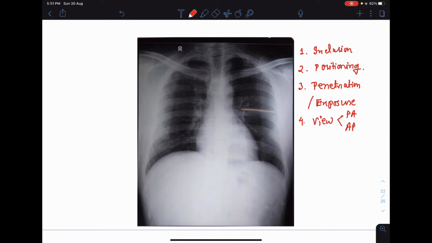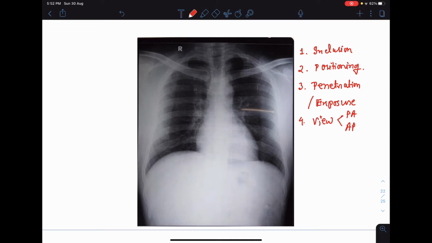AP view stands for antero-posterior view. As the name suggests, posterior-anterior view means when the chest X-ray is being taken, the patient's back faces the X-ray source. Okay, that means that will be the posterior-anterior view.